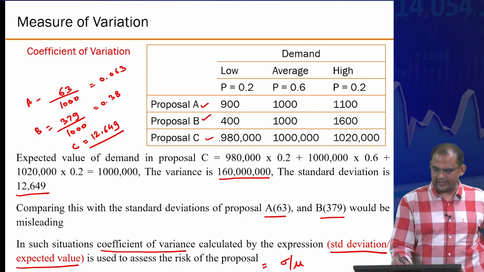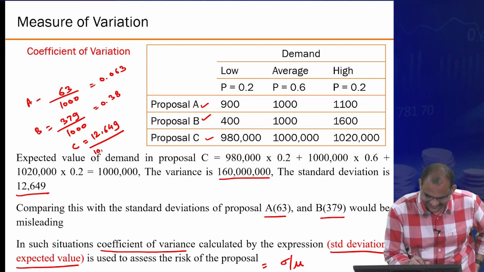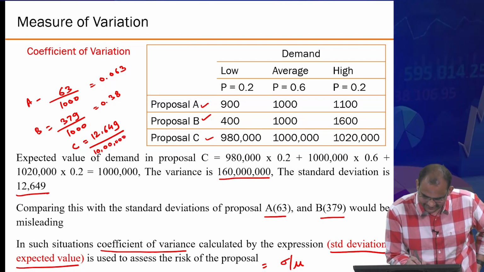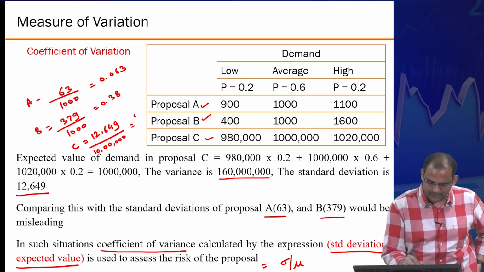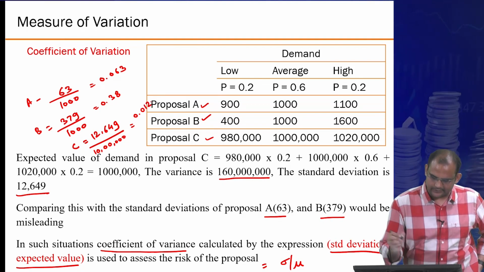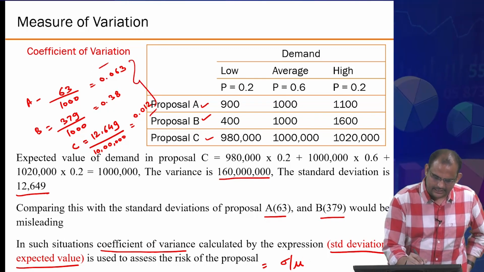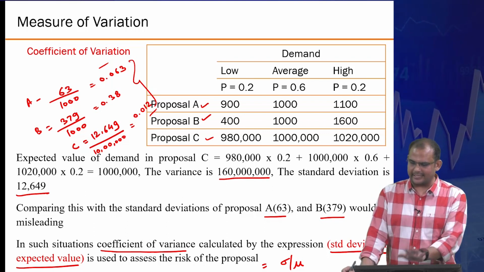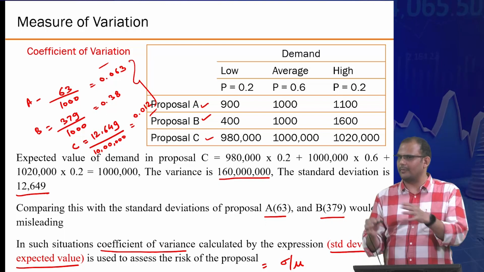What is the expected value of proposal C? Is it 10 lakh? 10 lakh is the expected value, and then this is coming out to be 0.012. So see, the normalized numbers are still in a comparable range, compared to 12,649, 63 and 379. So this is a more normalized value.